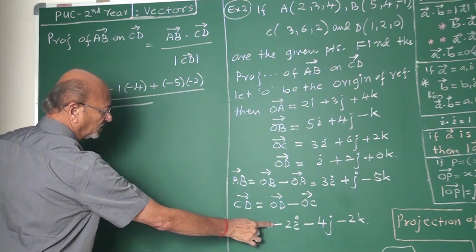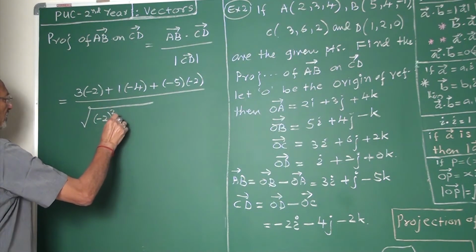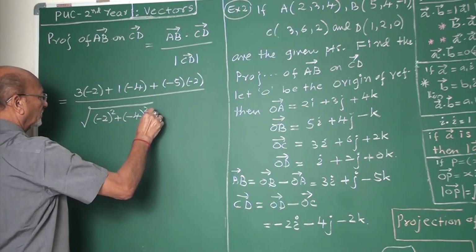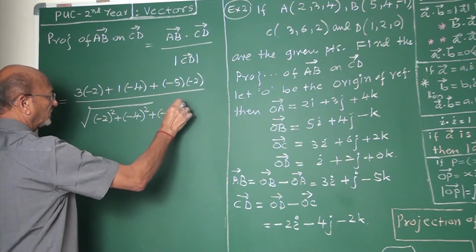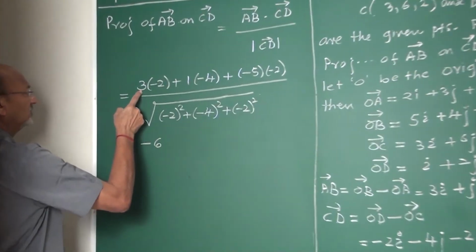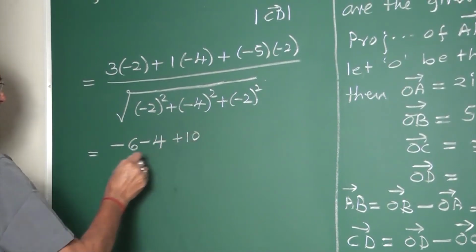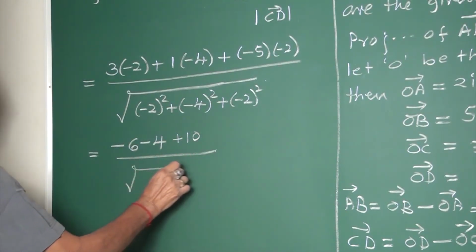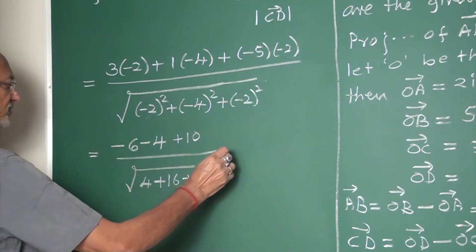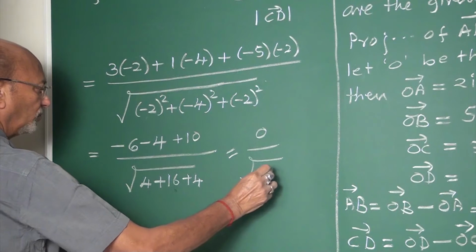CD is this: minus 2 the whole square plus minus 4 the whole square plus again minus 2 the whole square. Yes, my friends, simplify. This is minus 6 minus 4 plus 10. Denominator is square root of 4 plus 16 plus 4. So it is 10 minus 10, which means 0, upon root 24.